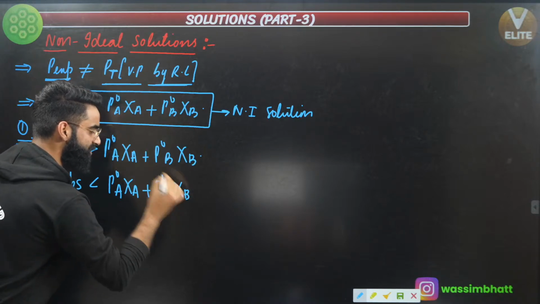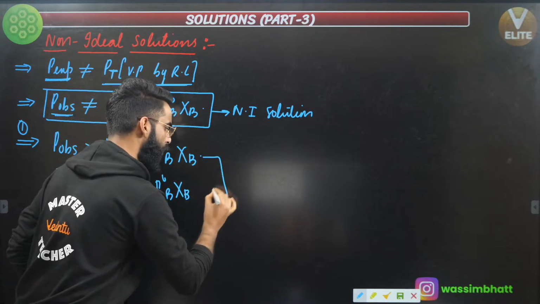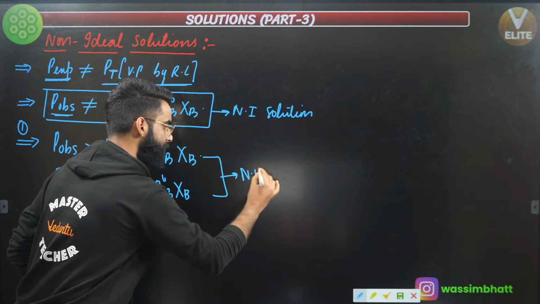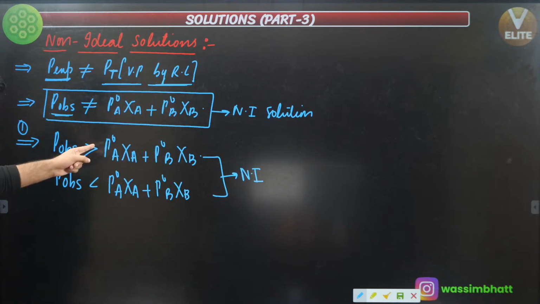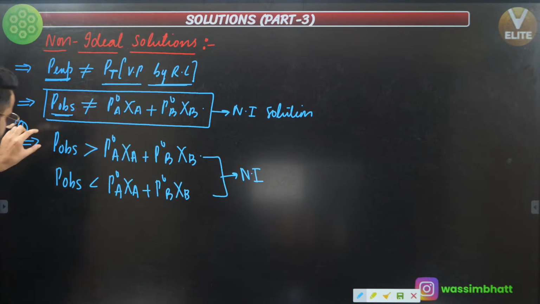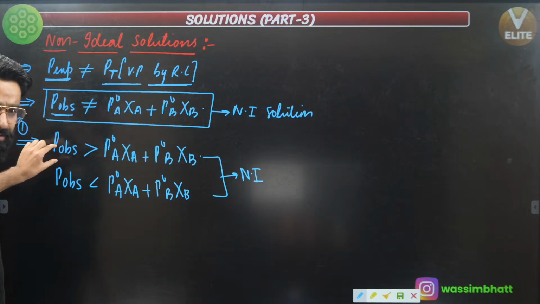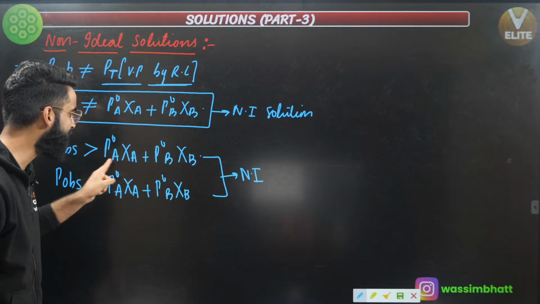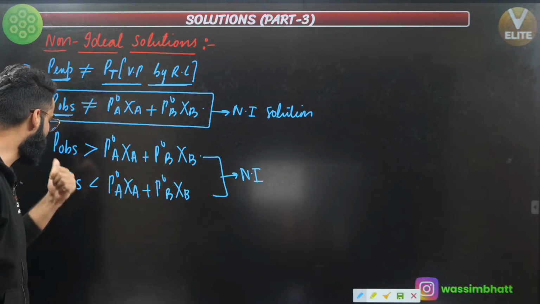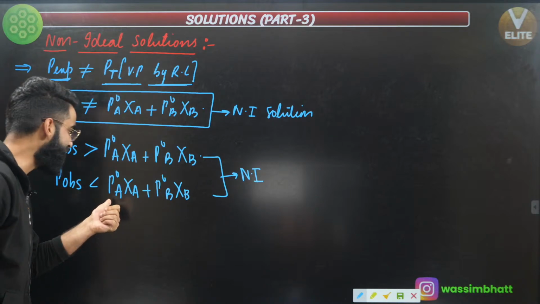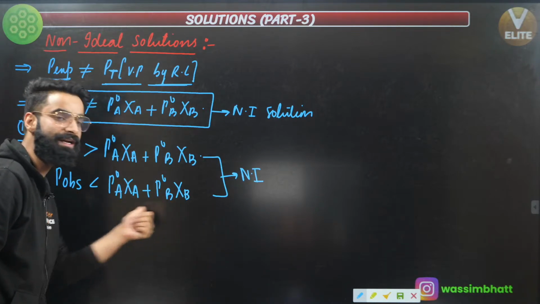These are the two cases which can arise in case of non-ideal solutions. Point number one: the actual vapor pressure of the solution can be either greater than the theoretically determined vapor pressure, or the actual vapor pressure can be less than the theoretically determined vapor pressure.